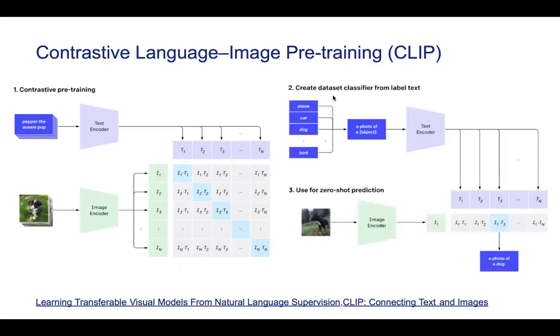The way they approach it is that you train your model on a very diverse set of data, and then you can easily set up a classifier by creating sentences. Here in this example, a photo of a plane, car, or dog. Then you get the embeddings, run your image through the encoder, and take the class with the highest scored dot product.